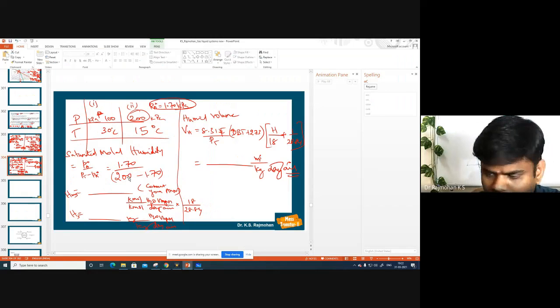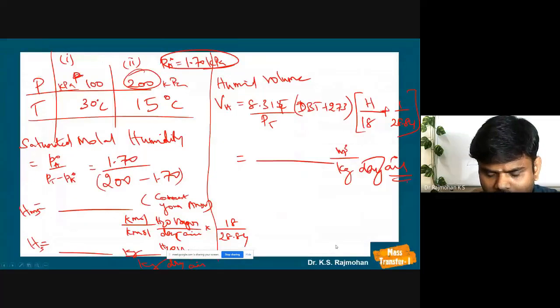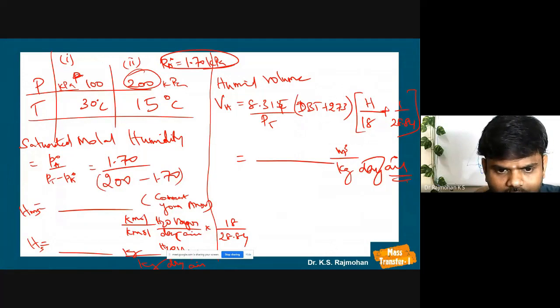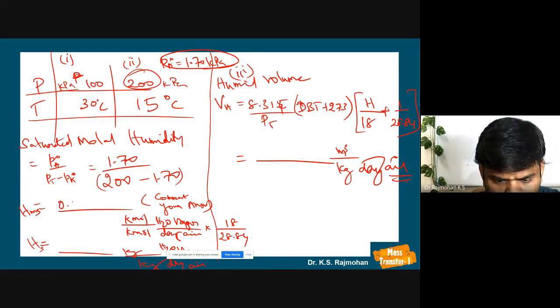Okay, if you have calculated the values, what is the value we get? 1.70 divided by 200 minus 1.70. How much? You'll get around 0.00857.